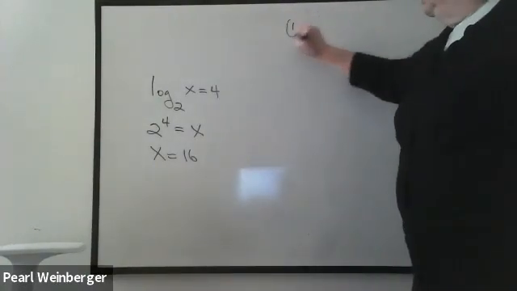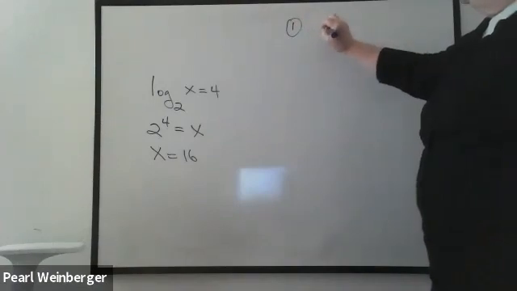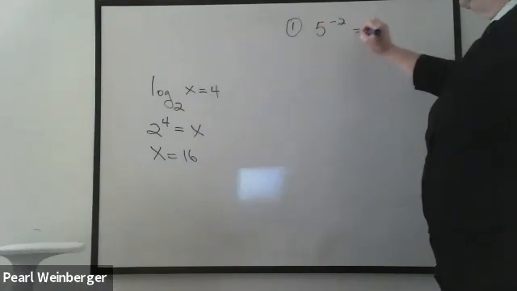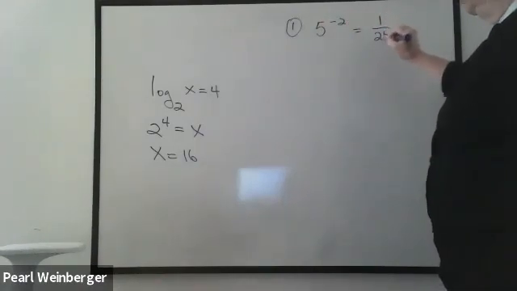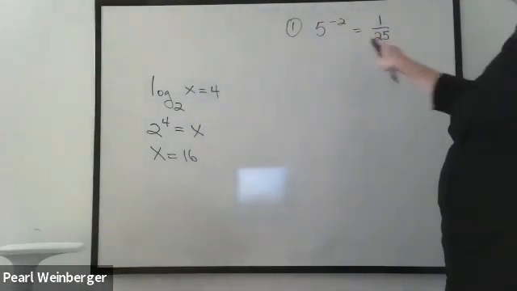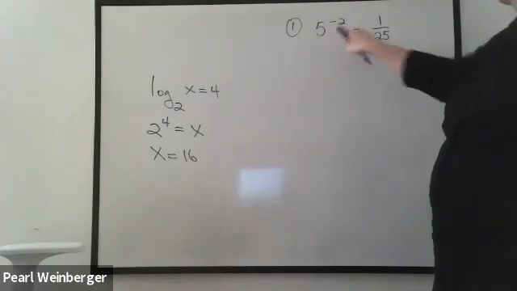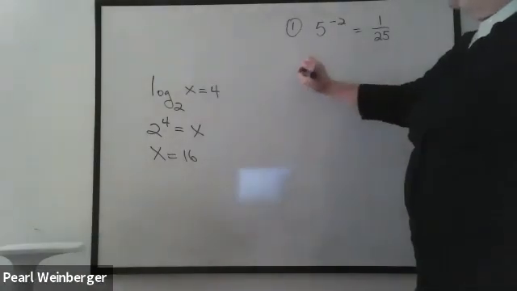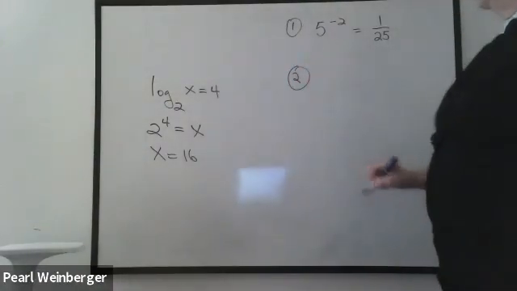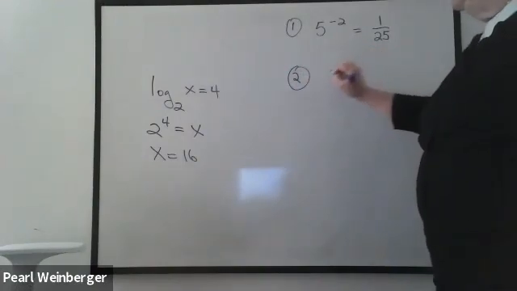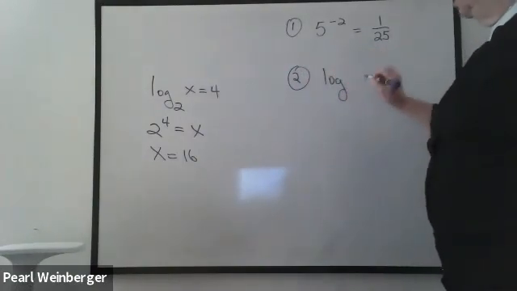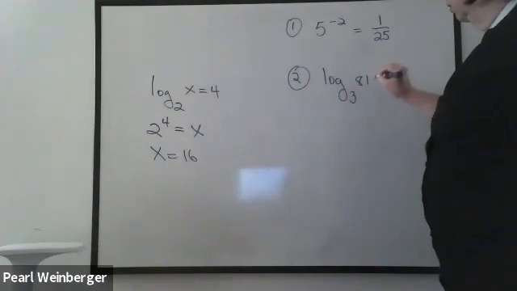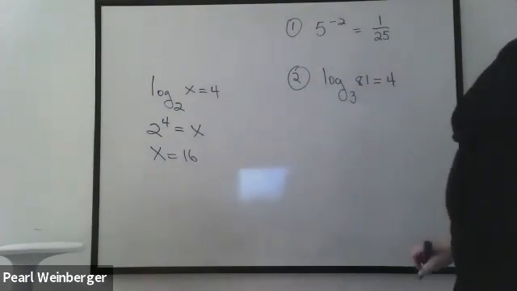Okay, first of all, here is something written in exponential form. 5 to the negative 2 equals 1 over 25. This is a true statement because we know a negative exponent means take a reciprocal, and so we're doing the reciprocal of 1 over 5 squared, which is 1 over 25. I want you to write that in logarithmic form. Okay, so this one is going to be written in logarithmic form. Change that to exponential form.